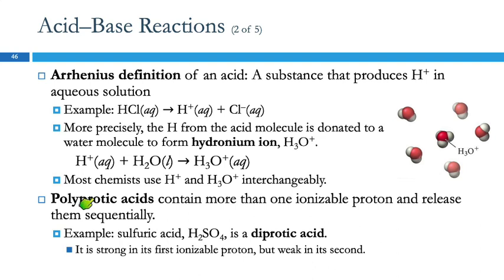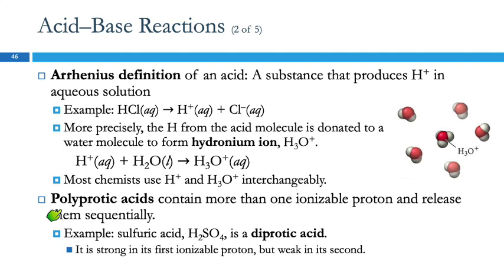So many chemists are going to use H plus and H3O plus interchangeably. And I know that can be a little confusing to students, and I'm sorry about that, but we like to use the H plus because it makes writing the chemical equations much simpler, and most students are on board with that. Okay, so there's that.